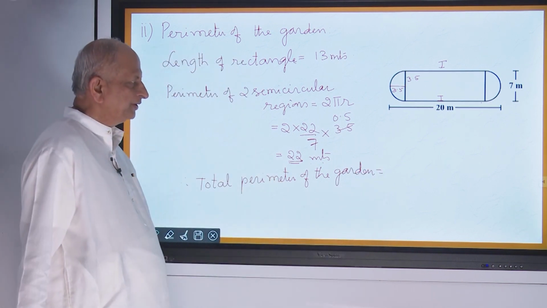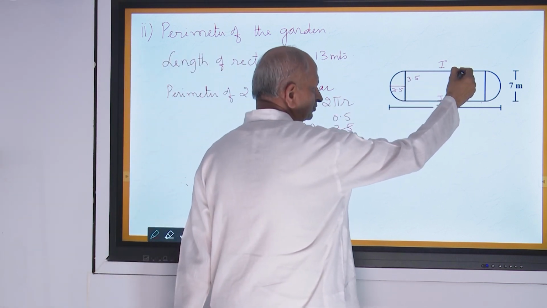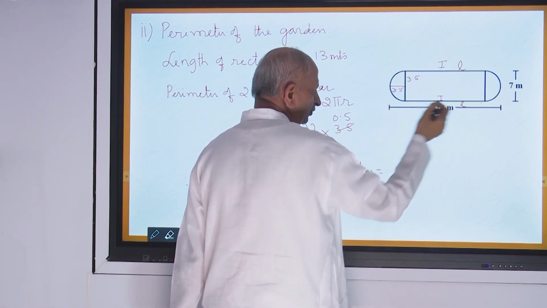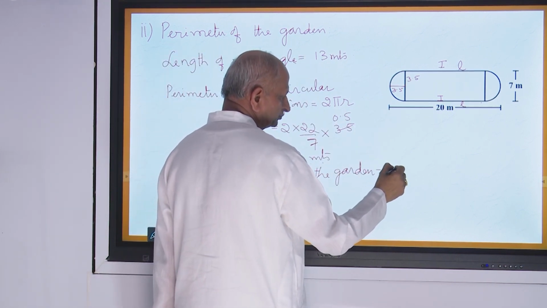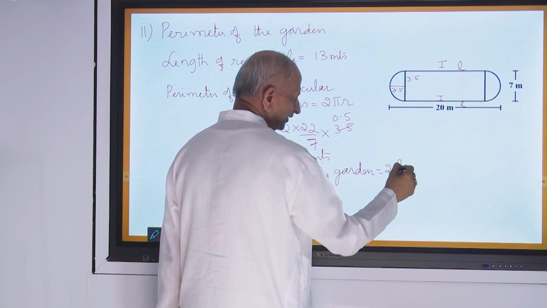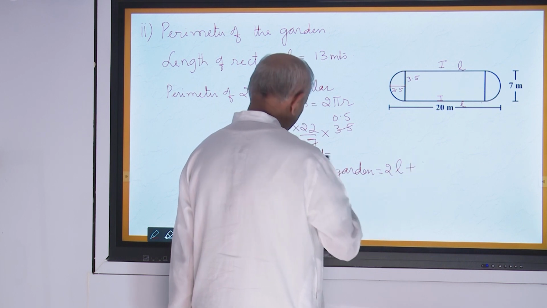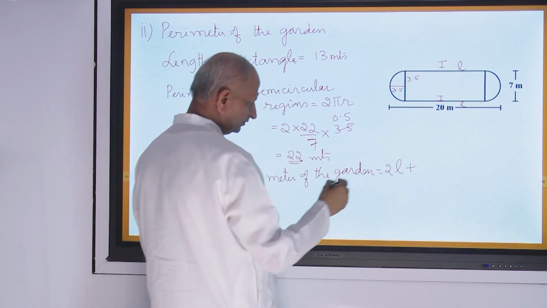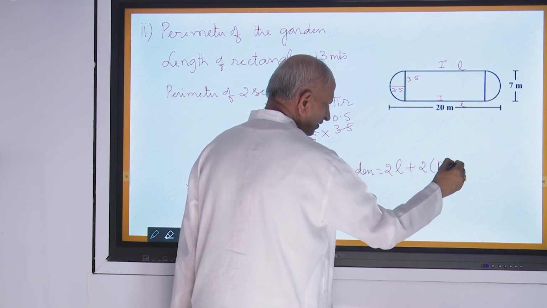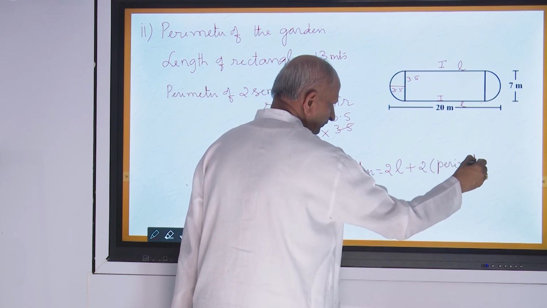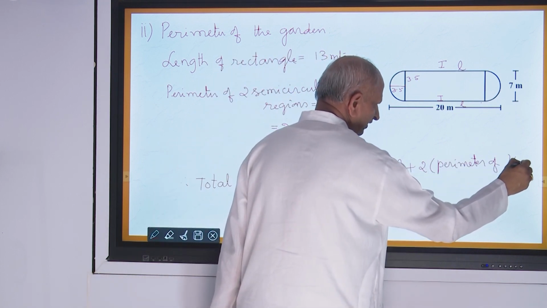See, it is so simple. This length we have found out. This length also we have found out. How much is it? 13. So 2 times length, 2L you can say, plus 2 times the perimeter of the semicircle.